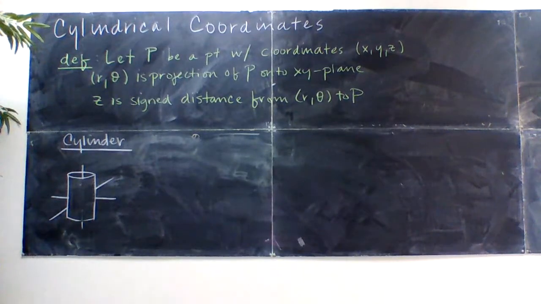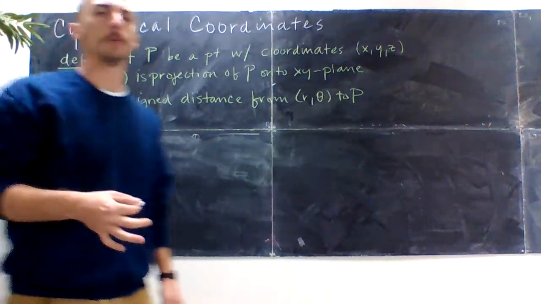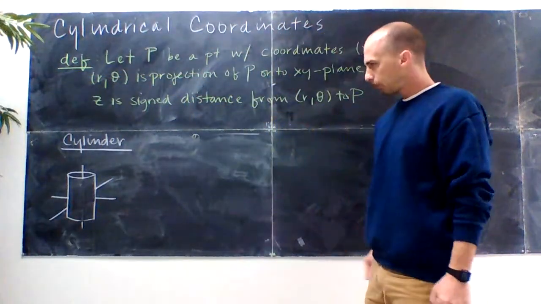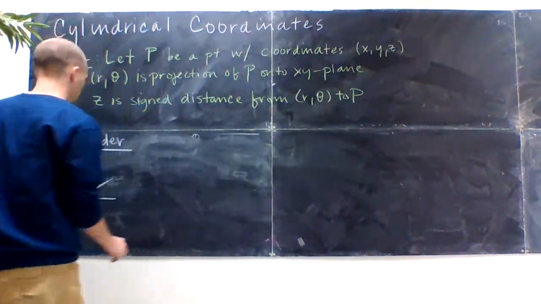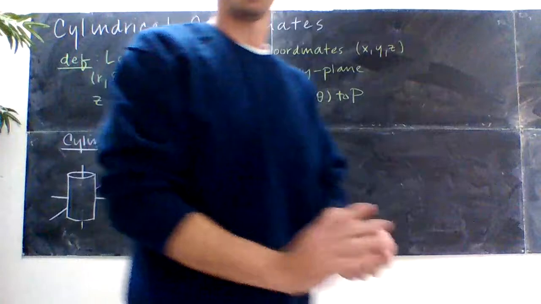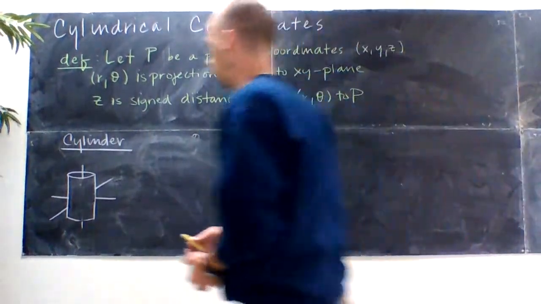Okay. And I've got myself a cylinder, and I am assuming that this cylinder is extending vertically. Really, any cross section of this thing is going to be a circle. And so what I'm going to say is that this is just the set of all points x, y, z, for which x squared plus y squared is the radius squared.